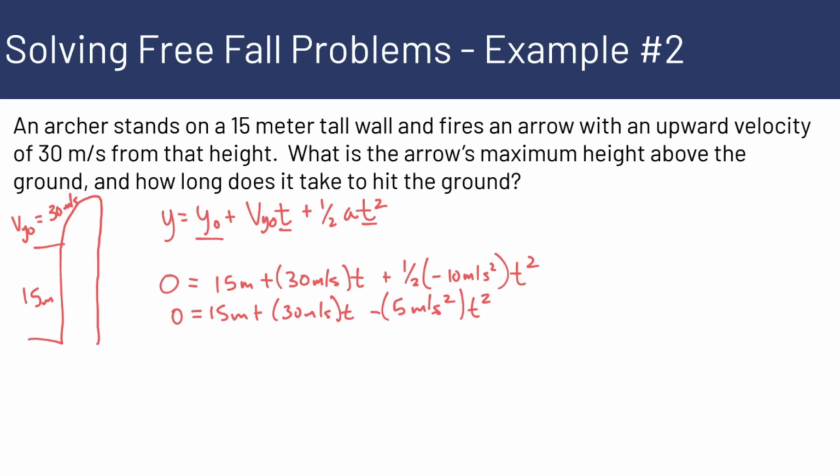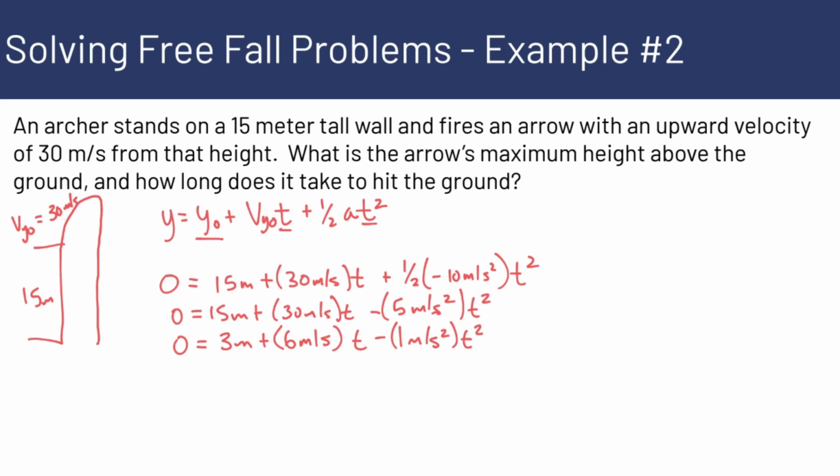We just divide everything by 5. So then we have 0 is equal to 3 meters plus 6 meters per second times t minus 1 meter per second squared times t squared.